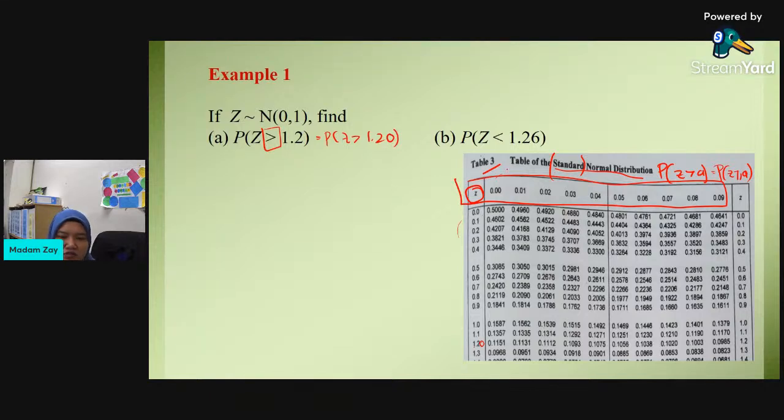Ni yang 0.00 ni lah dia. 1.20. Okay. So, apa probability dia? Kalau 1.2, kita ambil yang ini. Tengok pada row 1.2 dan tengok pada kolom 0.00. So, kita dapat 0.1151. Okay, itu untuk soalan A.